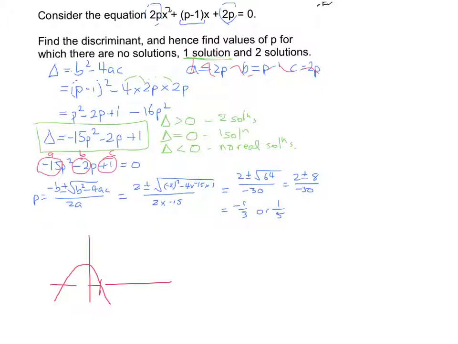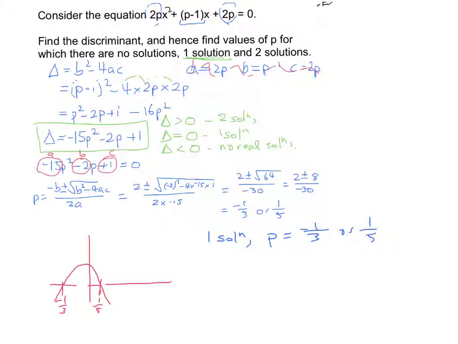So we have 1/5 and negative 1/3. When the discriminant is equal to 0, that's where it has one solution. So when we have one solution, then p equals negative a third or 1/5.